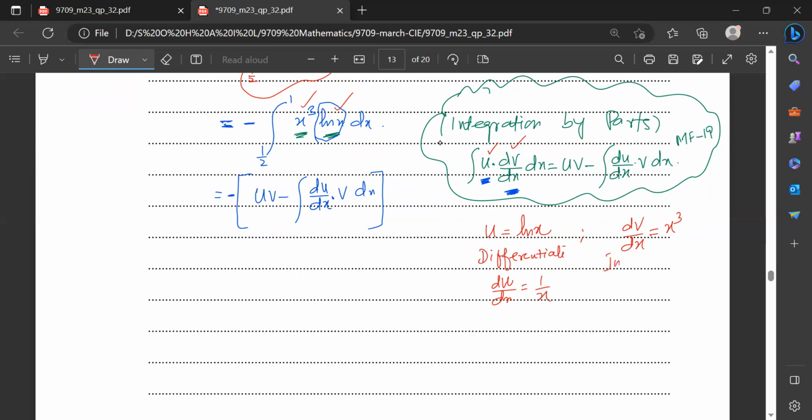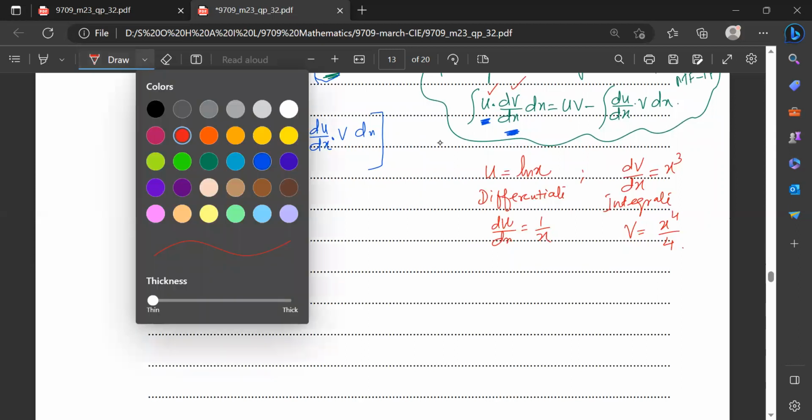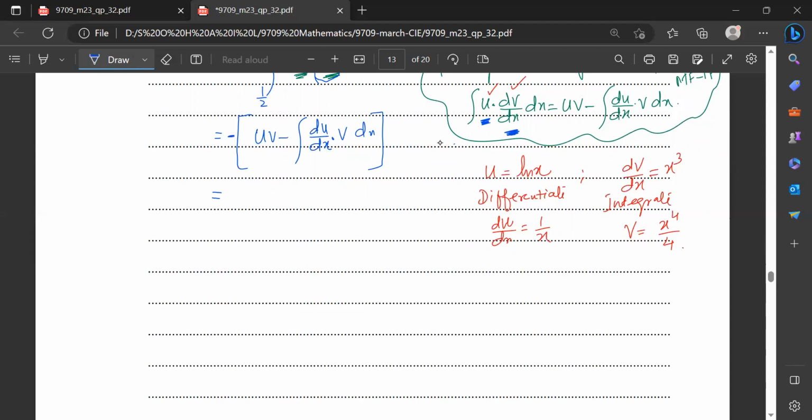And the other, we integrate in this case because we need v for the formula. So when we integrate dv by dx, we get v, and integration of x cube is x power 4 upon 4. So using this red working in the formula which I wrote on the left side, this minus is outside, uv, u into v.